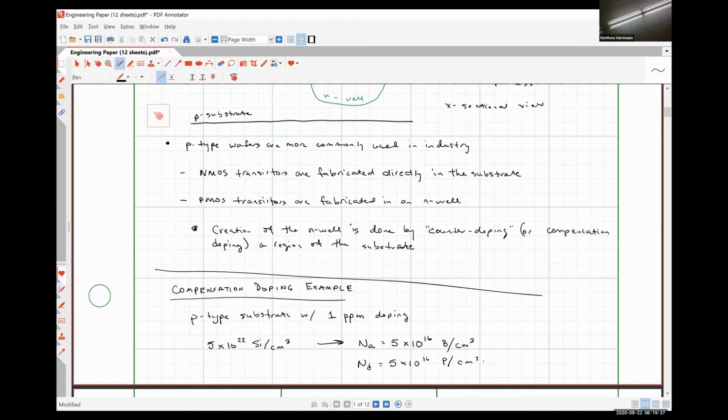Because if we put in the same number of acceptor atoms and donor atoms, all of the holes created by the acceptor atoms will recombine with all of the electrons put in with the donor atoms. Does that make sense? Yes. Okay.